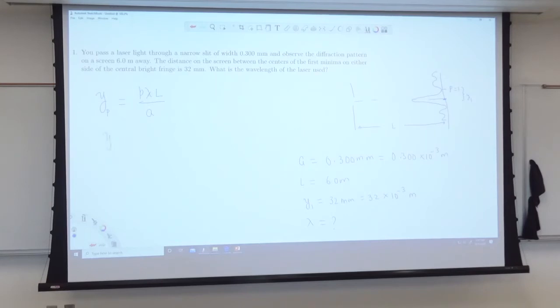So Y1 is, P is 1. L is 6 meter. A is 0.3 times 10 to negative 3 meters. And then you plug in the value of y here. Y is 32 times 10 to negative 3. So solve that and find lambda. That gives you the value of lambda.